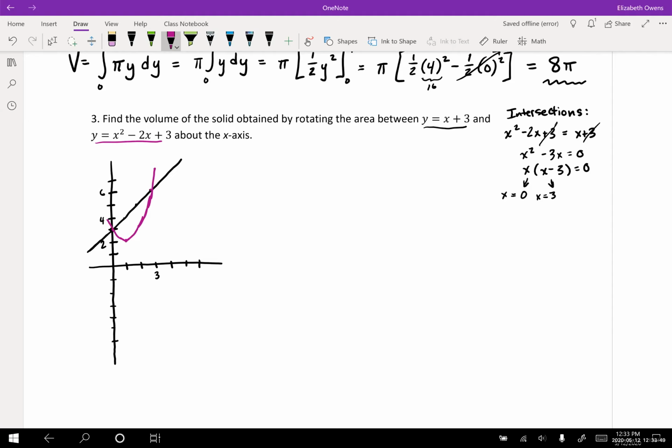All right. So we are going to take the area that's trapped between those two curves. That would be this portion right here, and we're going to rotate that about the x-axis. Imagine that portion of area comes out of the computer screen.